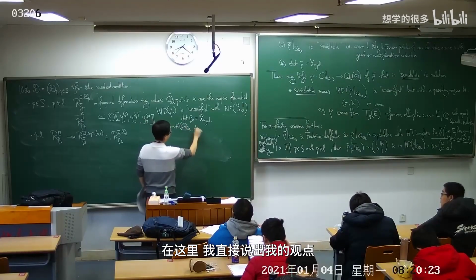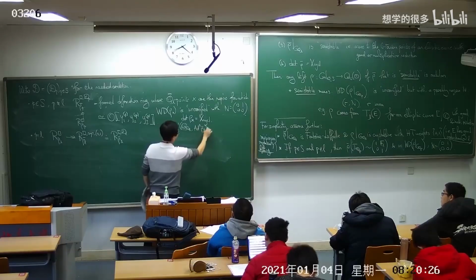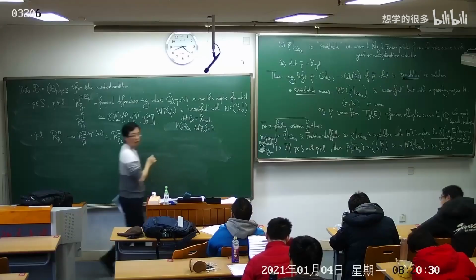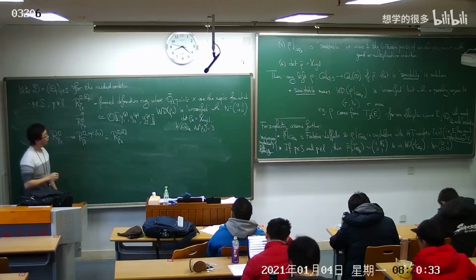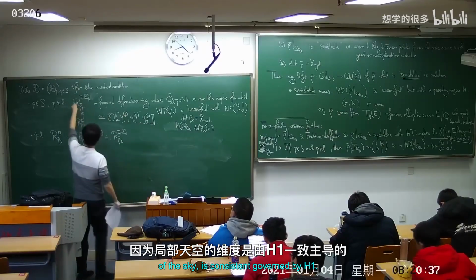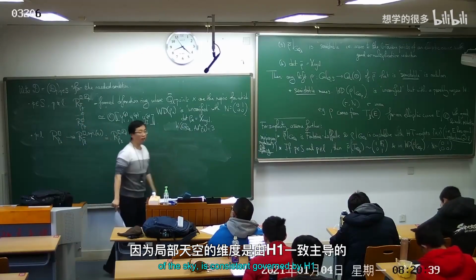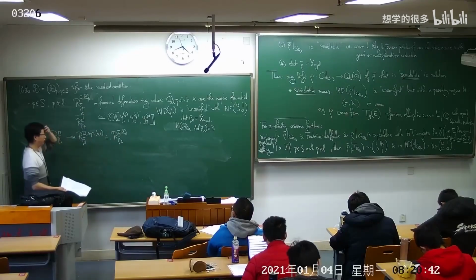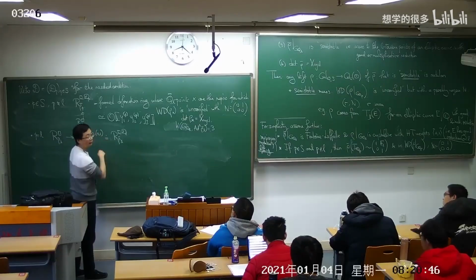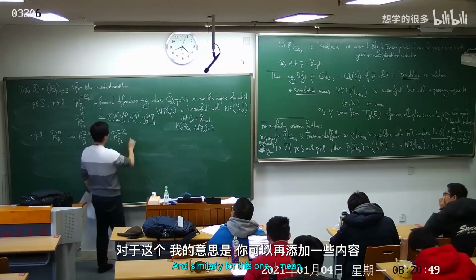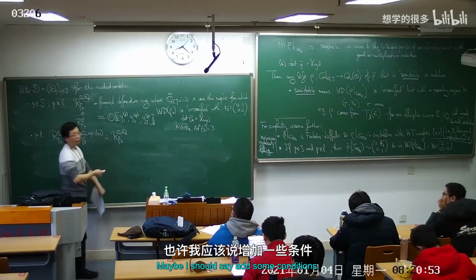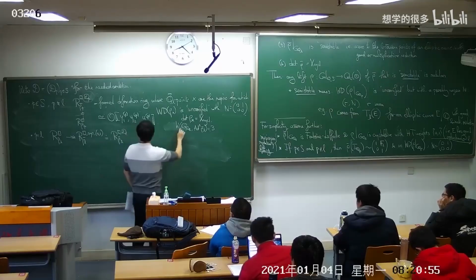cohomology over here for this one, rho bar, is what governs it. The local dimension of this is precisely governed by H1, and there's no H2 basically in that case. Similarly for this one, you add a little bit of conditions for dp.